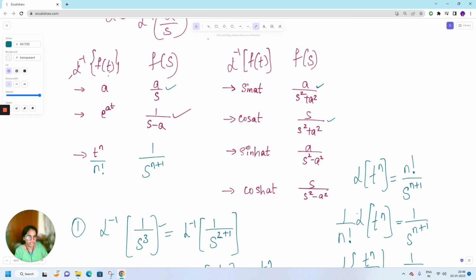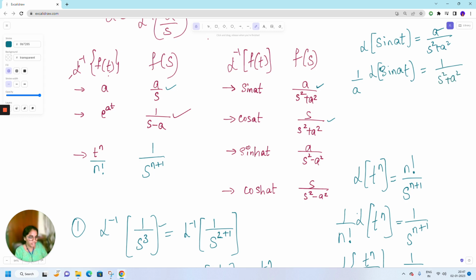Let me simplify this. Laplace of sin at is equal to a divided by s square plus a square. a is a constant. I'll send it to the LHS. It would be Laplace of sin at divided by a is equal to 1 divided by s square plus a square.